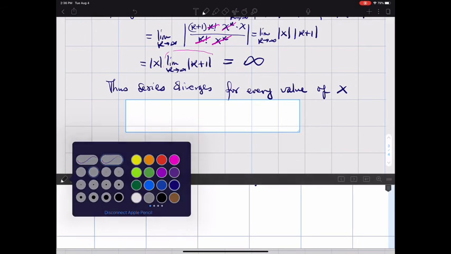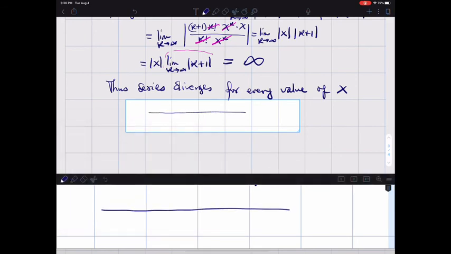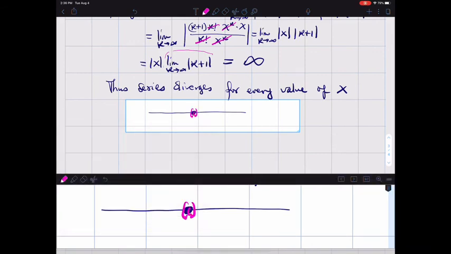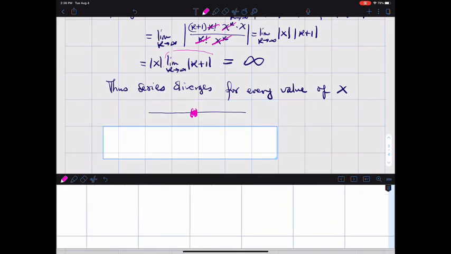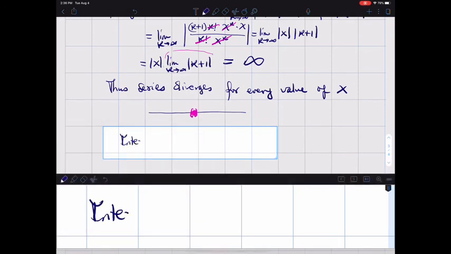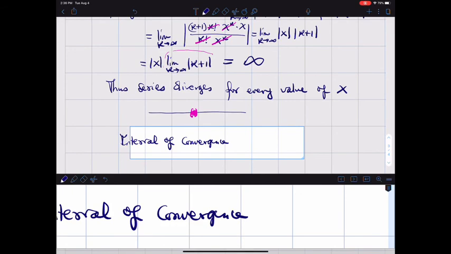Let's do this. If this is the center, this is the only place where it converges. Every other place it diverges, right? So our interval of convergence is just this point, the center.